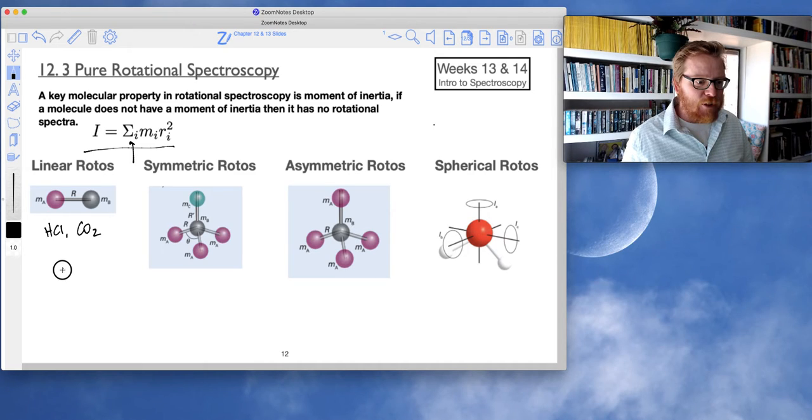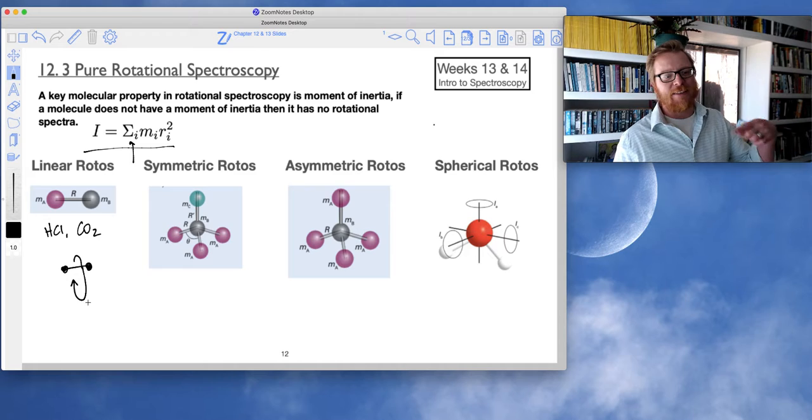And the important thing to note with linear rotors is, if you think about the moments of inertia that this thing can have, if it spins round and round about that bond axis, there's no moment of inertia there.